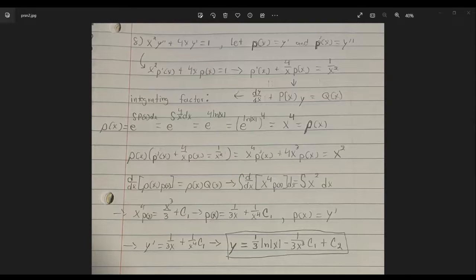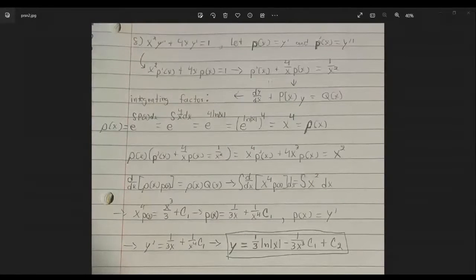I multiply it into my equation p prime x plus 4 over x p x equals 1 over x squared, which gives x to the fourth times p prime x plus 4x cubed p of x equals x squared. And we know the derivative of the integrating factor times y equals the integrating factor times q of x.